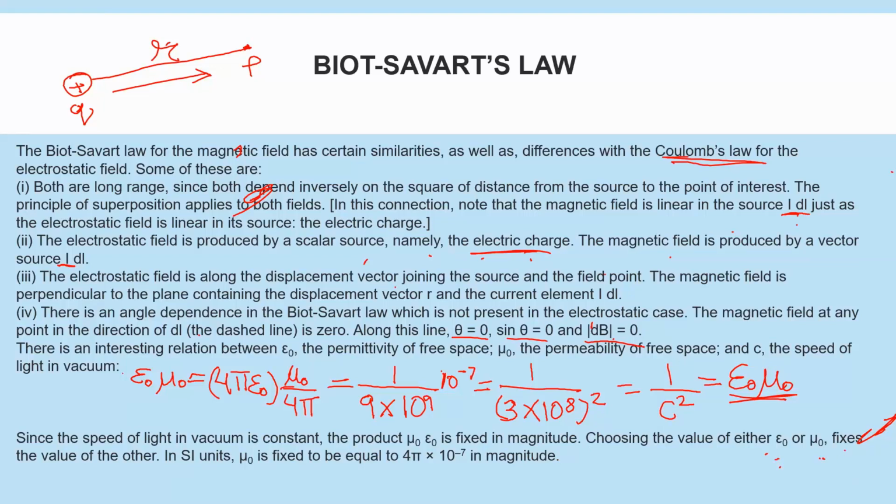In this equation we know the value of the speed of light. So if we want to find permeability, we can fix one value for permittivity and vice versa. So this equation is also important for us when we are trying to calculate electrostatic field and magnetic field.